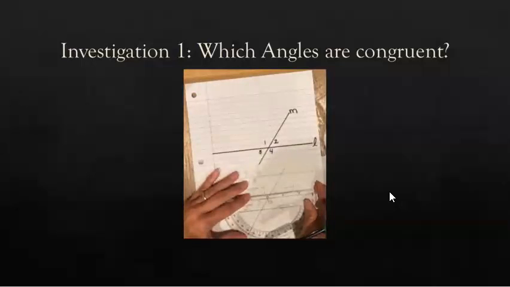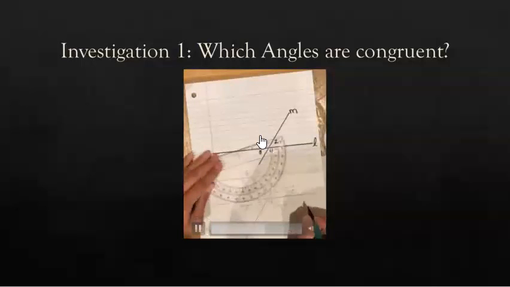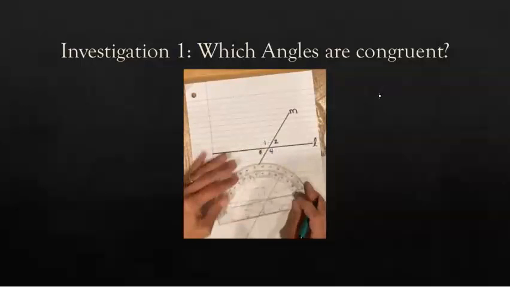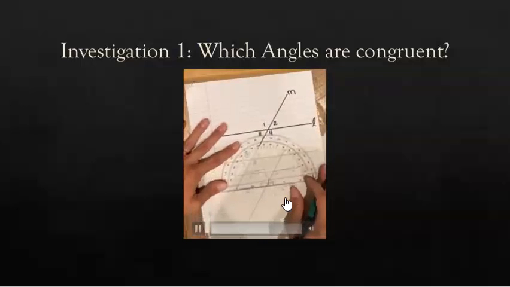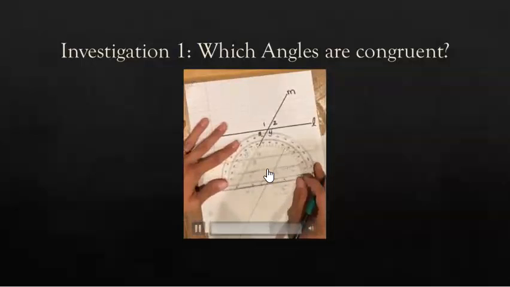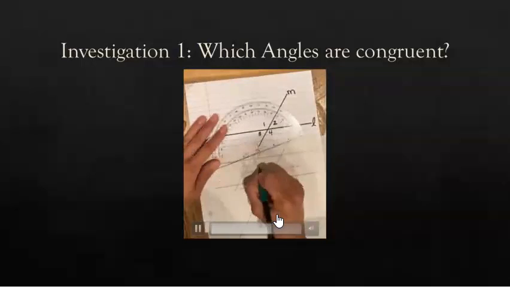We can then even measure these angles. Just looking and remembering, 1 and 4 are vertical angles. Remember from our previous lesson that vertical angles will be congruent. So if we measure angle 1, then we should find that angle 4 is the same measurement.